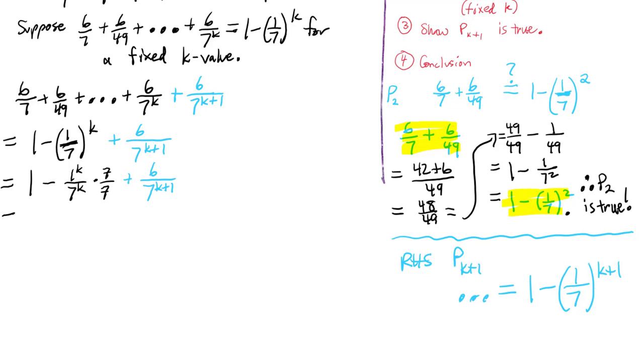Let's keep observing this. We have 1 minus 7 and then plus 6/7 to the k plus 1.